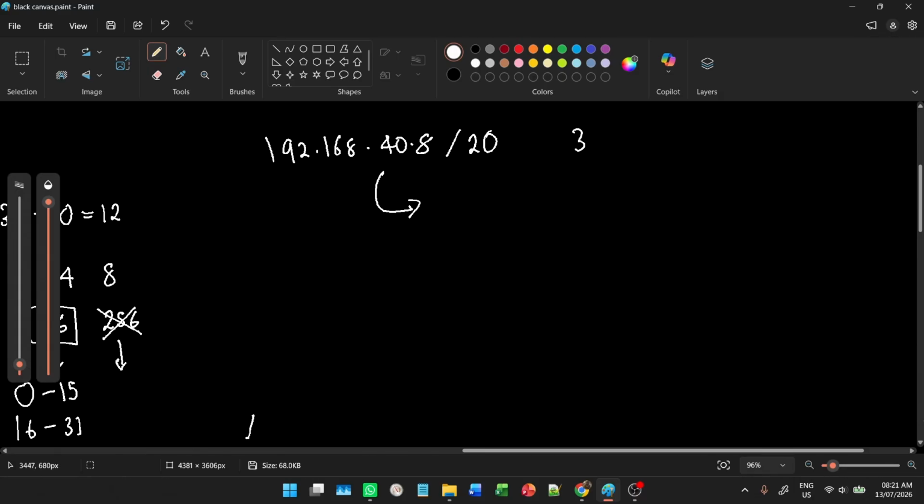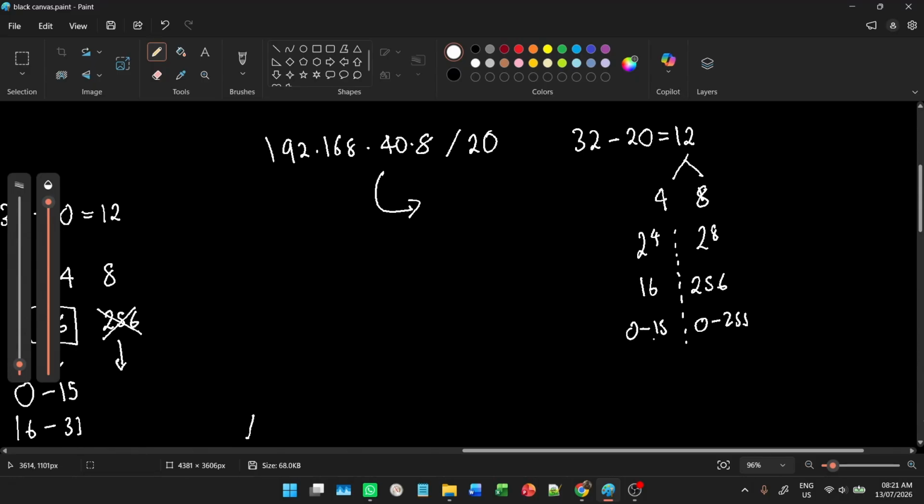Now slash 20, always do 32 minus 20, which gives you 12. 12 is 4 and 8, right? So 4 means 2 to the power 4, 16, and 2 to the power 8, 256. So 16 is going to be 0 to 15, and it's going to be 0 to 255, right?